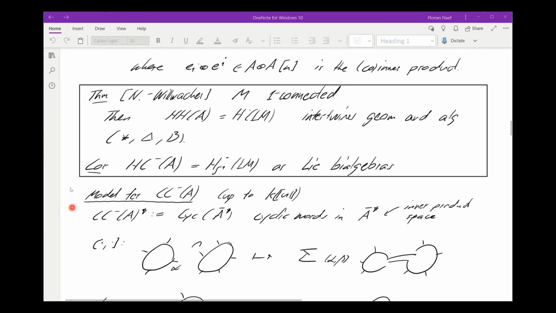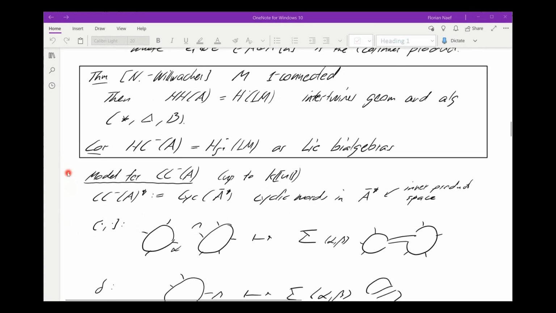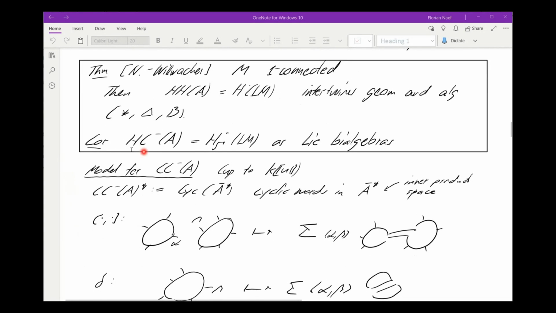So let me, for concreteness, say a bit how this structure looks on cyclic homology. I'm going to take the following model for cyclic homology, and here I might be off by negative cyclic homology of a point.